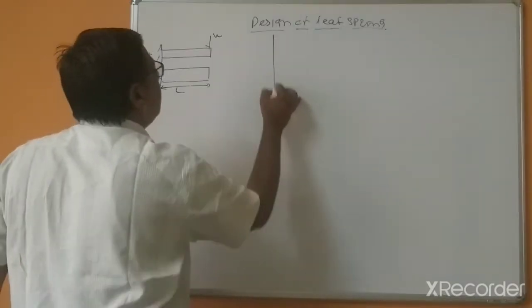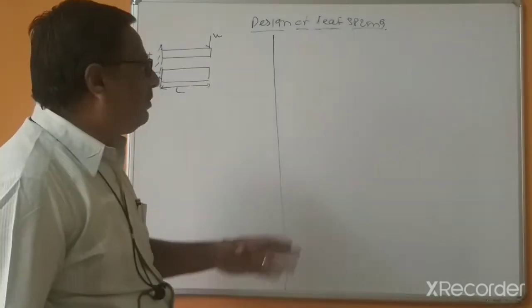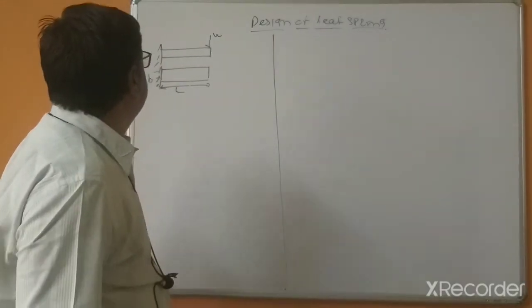So that's why we are first considering the half portion above the spring, so that is a cantilever type.